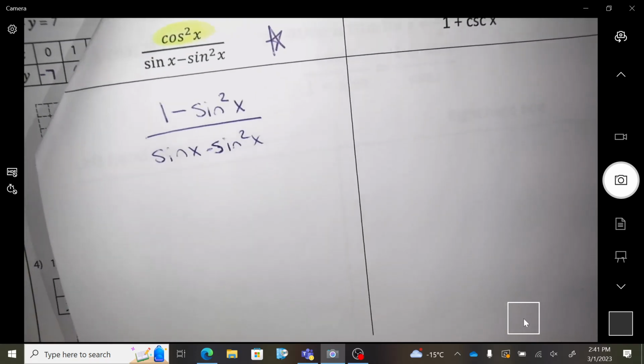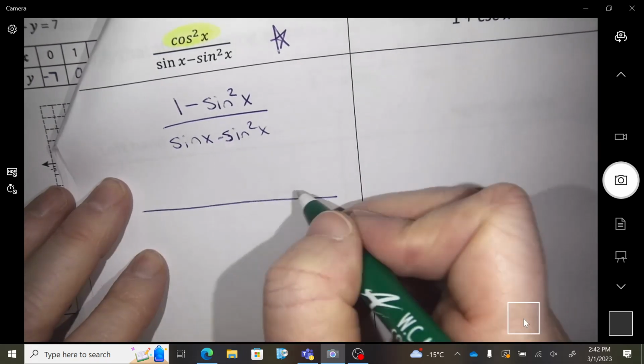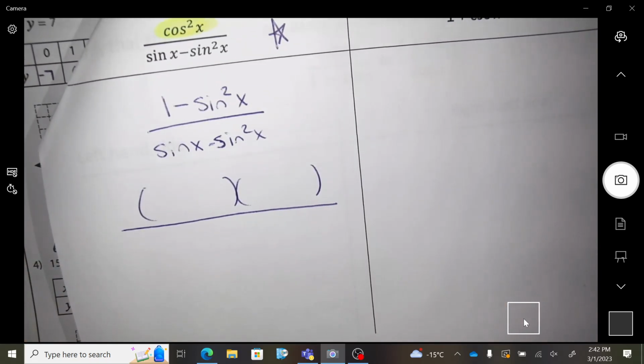It's not. Okay, I need you to factor the top and factor the bottom. Can you recognize some stuff? You're going to factor both of them actually. Factoring the top gets you a difference of squares. Go ahead. Factor a difference of squares on the top. Two brackets.